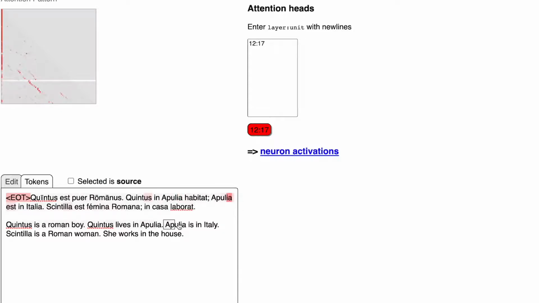And presumably, Latin is a lot less common in the training set. But now we're starting to pretty confidently attend to Apulia est is. So unfortunately, we can't see attribution here, but we do see that it does, in a lot of cases, successfully increase the probability of the correct next token. So that's pretty cool.